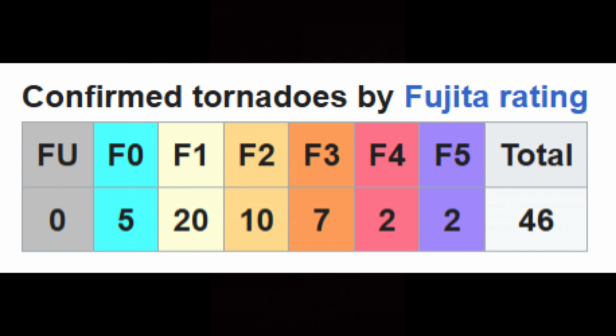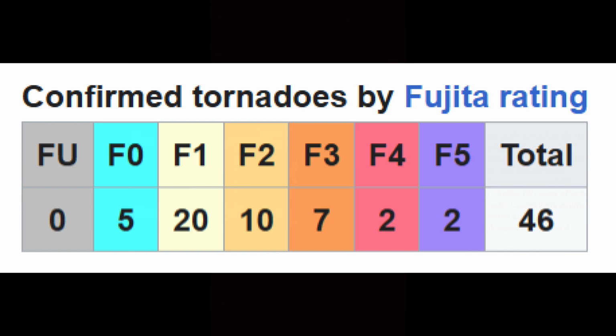Last but not least, we can tell that this is a high OIS outbreak, so I would like to give a shout out to Thomas Grazulis, a tornado expert and a legend that I think most people know of. This will be considered a high OIS intensity scale outbreak, and you can even use the other intensity scale to measure the significance of the outbreak, because if you just look at this alone, you've got 46 tornadoes, a high proportion of strong tornadoes, and you have 7 F3s, 2 F4s and 2 F5s.